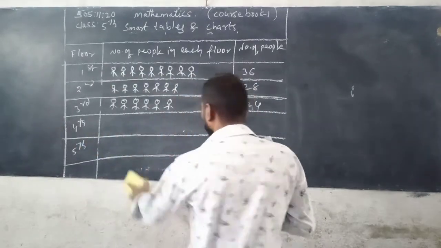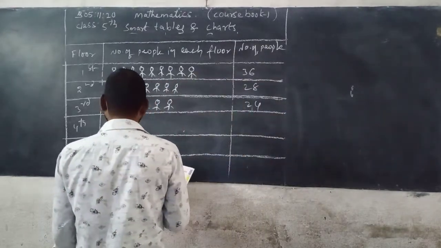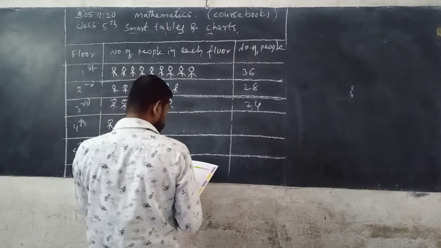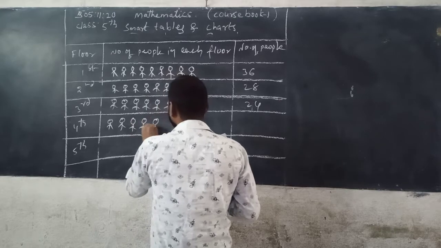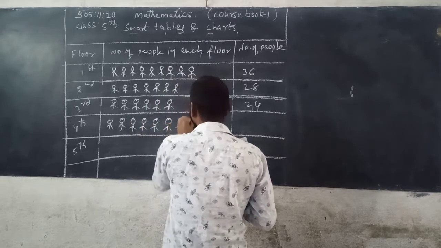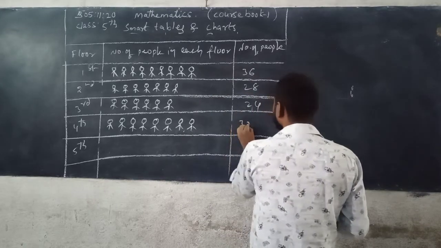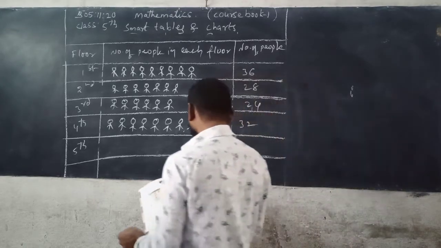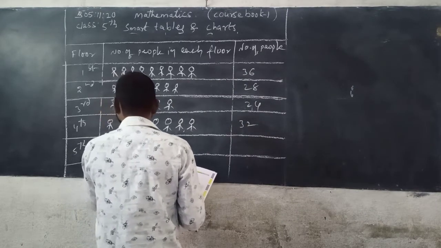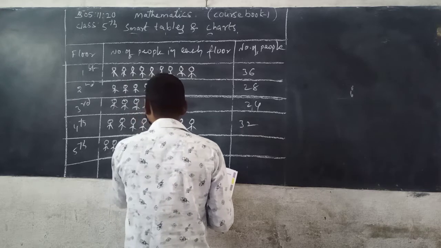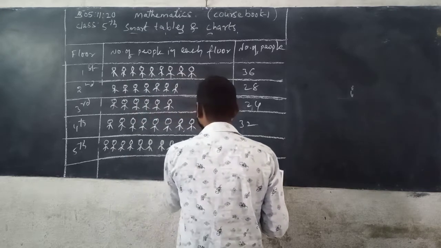Now next, fourth floor. How many, beta? 8 persons: 1, 2, 3, 4, 5, 6, 7, 8. So 8 fours are 32. Now next, fifth floor, how many persons? 10: 1, 2, 3, 4, 5, 6, 7, 8, 9, 10.